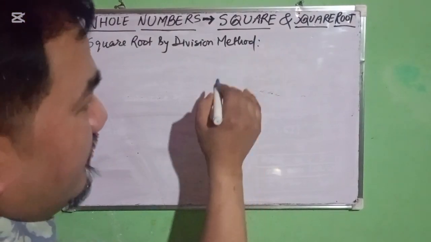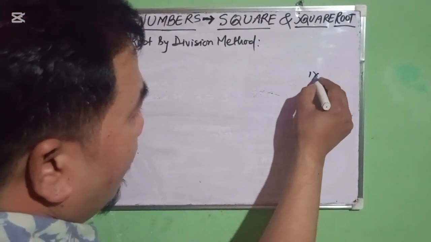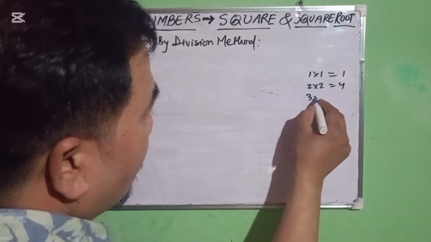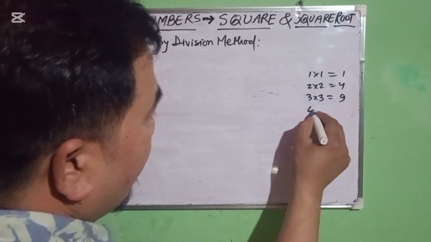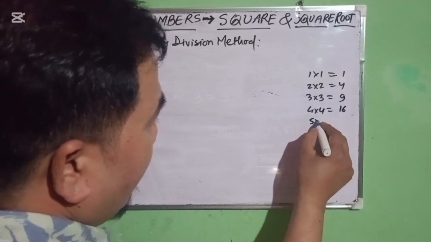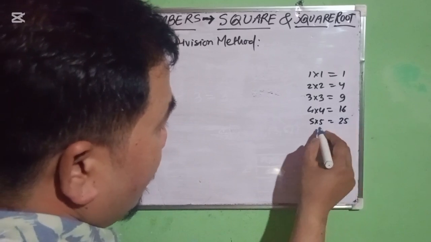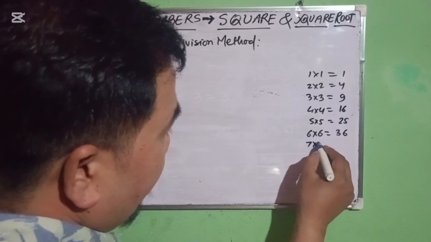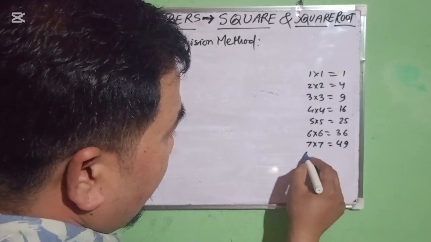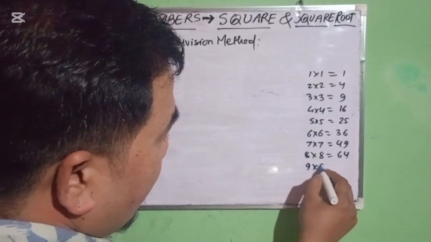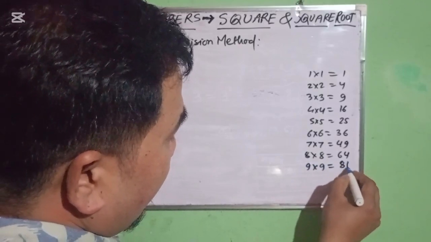And for this division, we have to use this table, okay? 1 1s are 1, 2 2s are 4, 3 3s are 9, 4 4s are 16, 5 5s are 25, 6 6s are 36, 7 7s are 49, 8 8s are 64, 9 9s are 81. This table only we have to use here, okay?